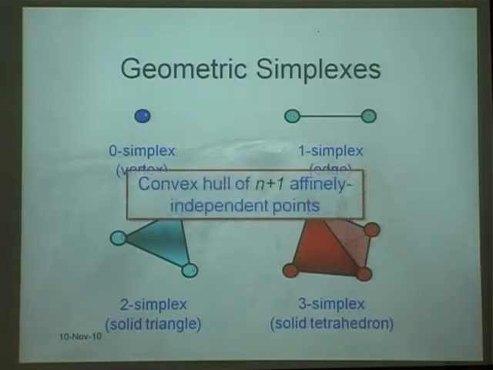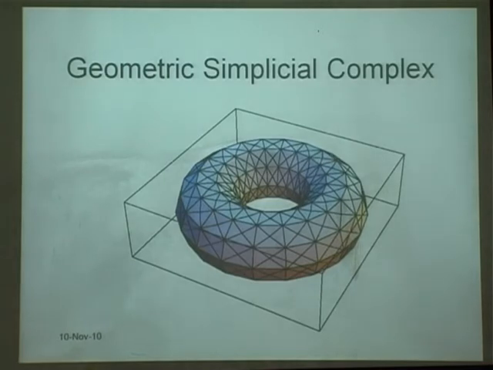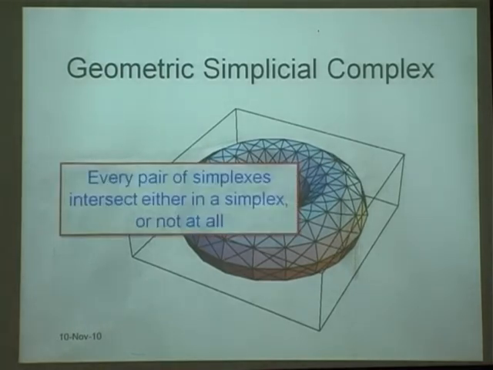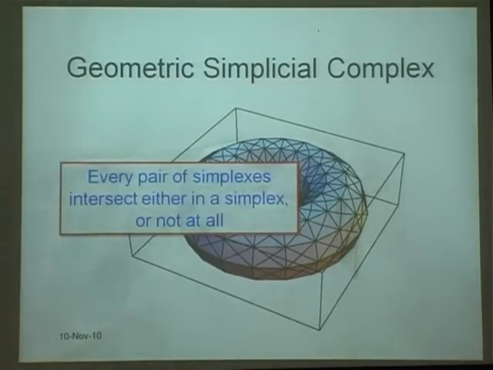And a complex is such that every pair of geometric simplexes intersects either in a common face or not at all. That's the rule for embedding these things into Euclidean space. Any combinatorial complex can be embedded into a Euclidean space of sufficiently high dimension, so that's not really a problem.